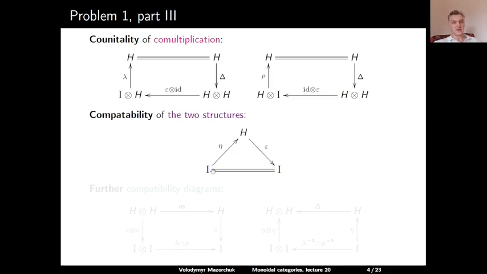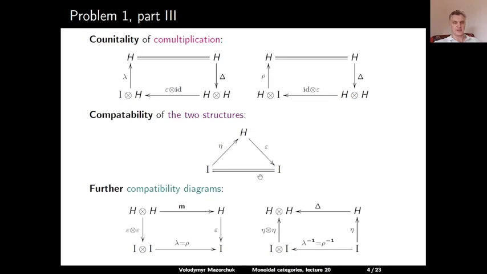So the first diagram says that starting from the identity and applying the unit and then counit should give the identity map on the identity. The next two compatibility diagrams now involve multiplication and comultiplication respectively. The first one essentially says that the counit epsilon intertwines the multiplication on H with the canonical map lambda, or rho, on the identity.